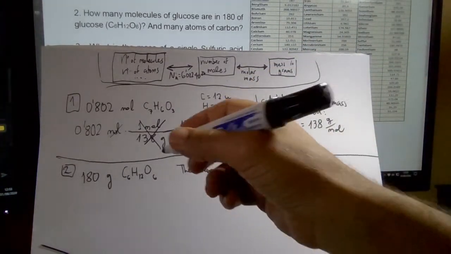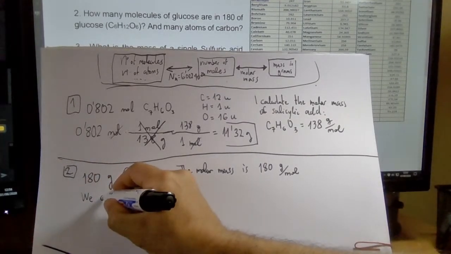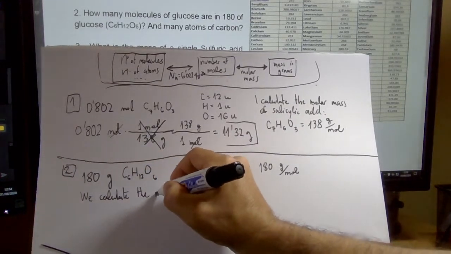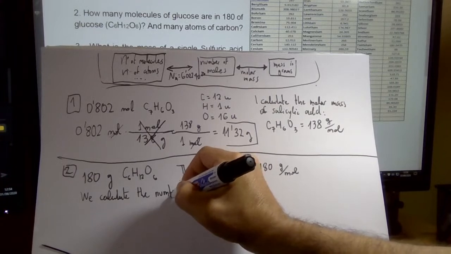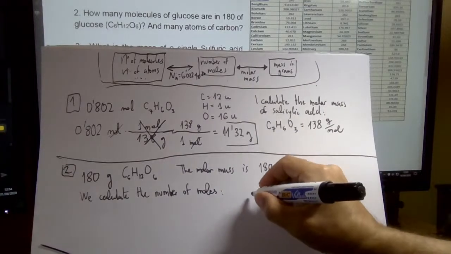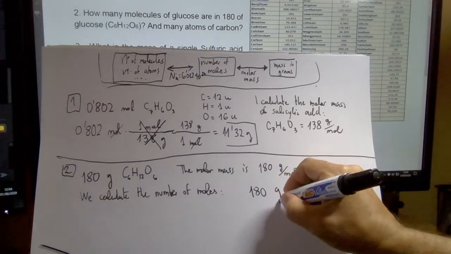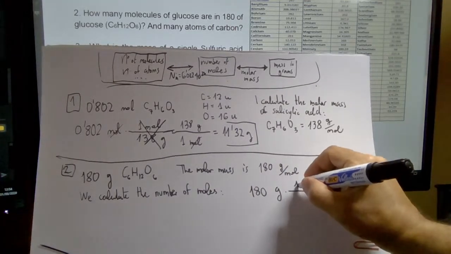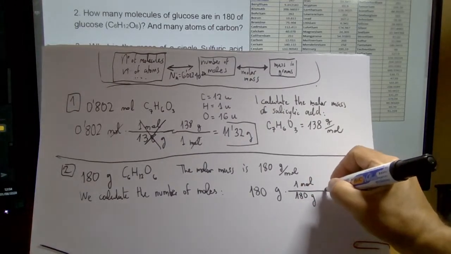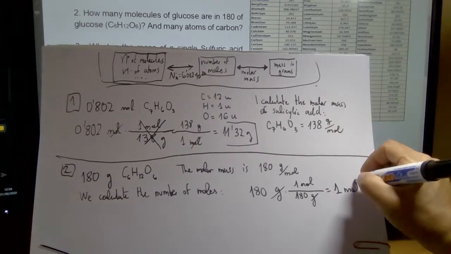So we calculate the number of moles. We have 180 grams. 1 mole is 180 grams. So very easy. We have 1 mole.